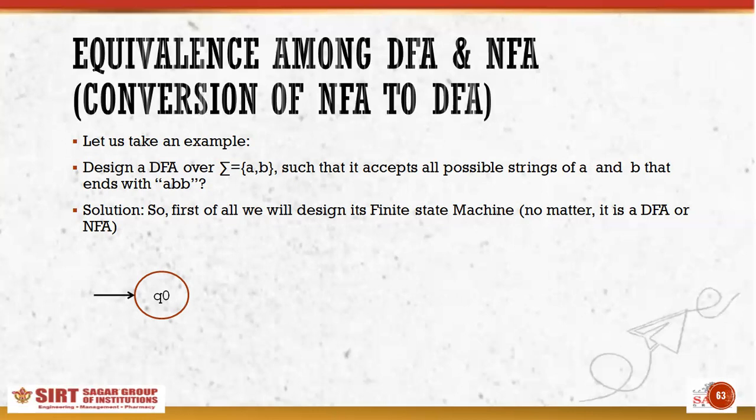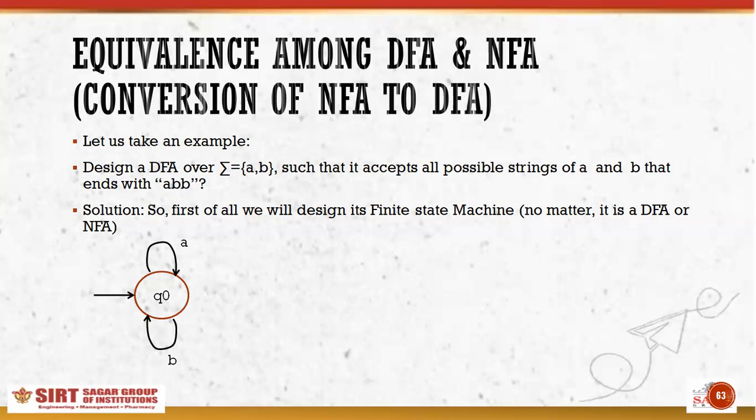Then, for accepting any possible combination of a and b, there will be infinite combinations: any number of a's, any number of b's, a followed by b, or b followed by a, anything can happen. I will handle that with two self loops of a and b. By these two self loops, I can make any possible combination of a and b.